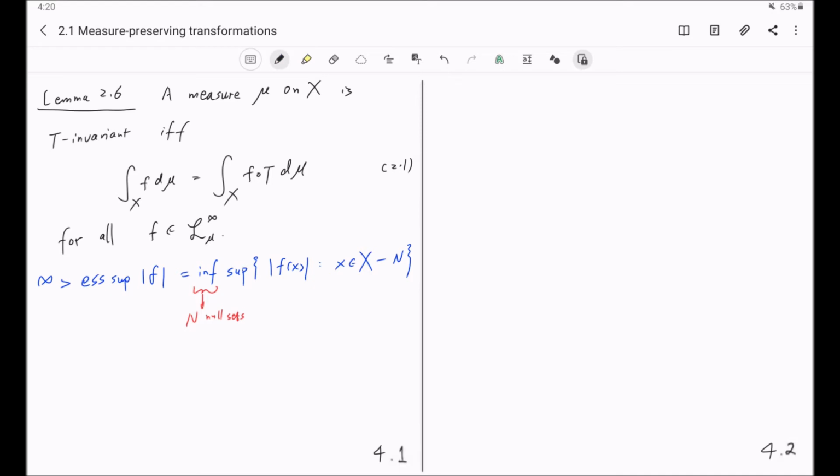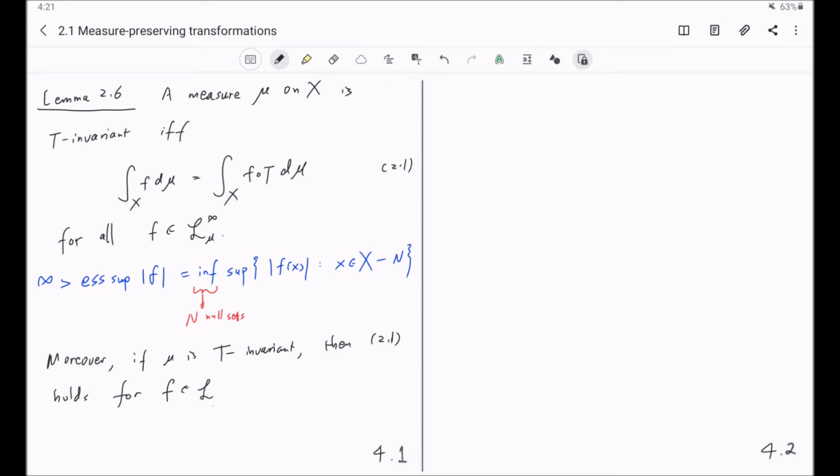And now, moreover, if mu is t-invariant, then the equation 2.1 holds for f that is integrable.